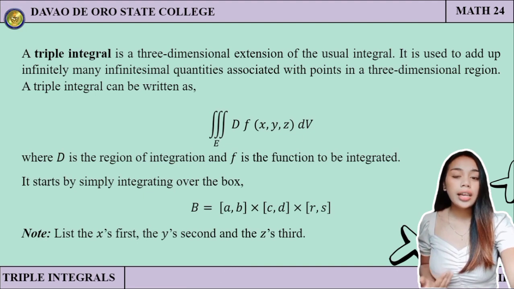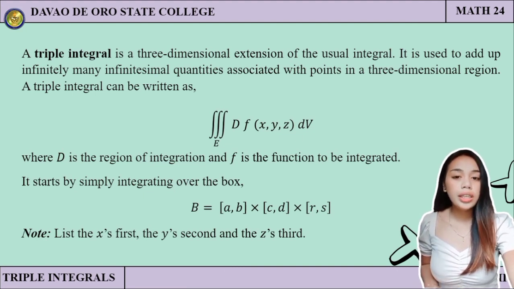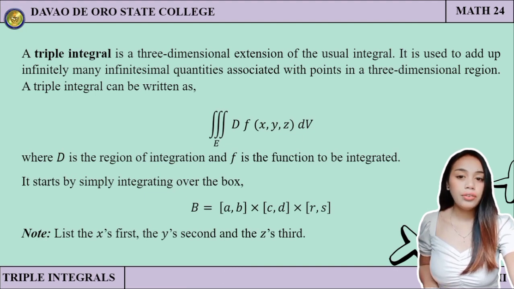A triple integral can be written as the triple integral over the region D of the function f(x, y, z) with respect to the volume element dV, where D is the region of integration and f is the function to be integrated.